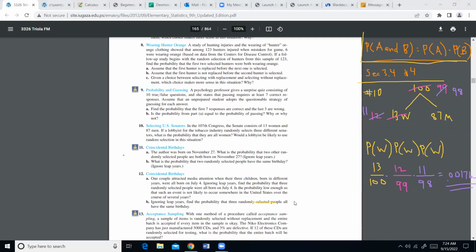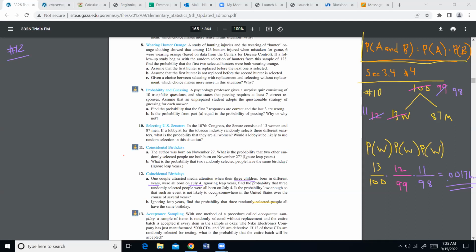So how about exercise number 12? It says birthdays that coincide. In problem number 12, the couple attracted media attention when their 3 children, born in different years, were all born on July 4.